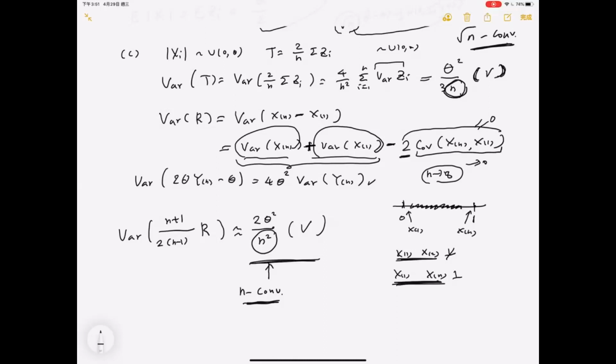So you do your best to do the comparison. Of course, you can derive the variance exactly, so the variance of R, the unbiased estimator. You can for sure derive your variance under the exact sample size. Then you do your comparison based on which one shows smaller variance.